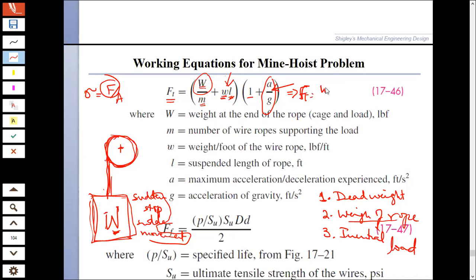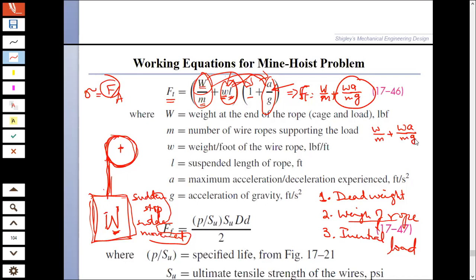F_t is equal to W over m plus wL, and this will be multiplied by (1 + a/g). So one is the dead weight plus W over m times a over g, this is the inertial component of the dead load, plus the inertial component of the weight of the rope. Let me write it: W over m plus W over m times a over g.